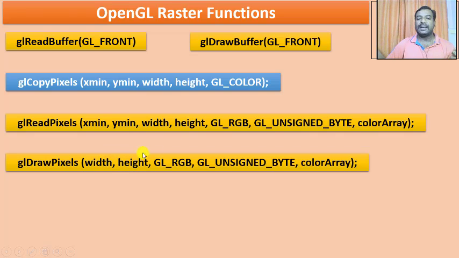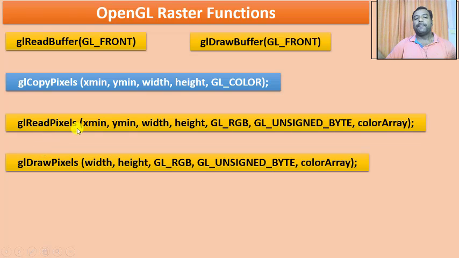Just pass the same parameter, and GL RGB, unsigned byte, and this is the color array which I have modified, which has been altered, so that it is going to contain the rotation of a given object.